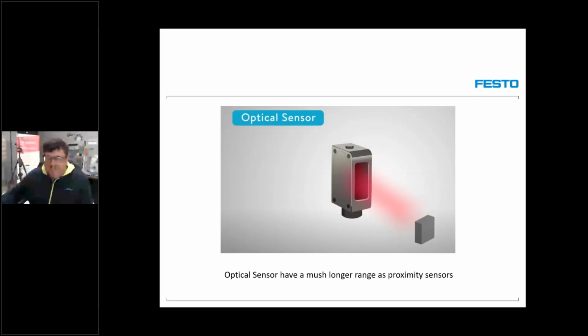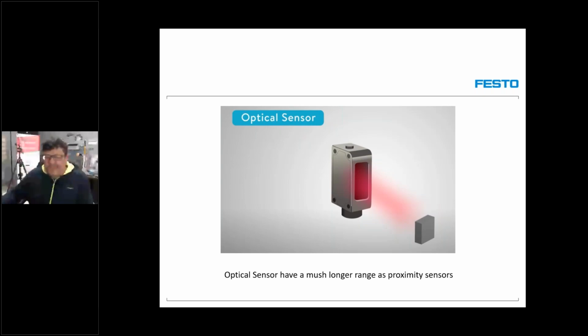Optical sensors have a much longer range than proximity sensors. They utilize optical sensors to sense when there is a bottle or any other component that they want to sense is in position, or to count. The distance between the object and the optical sensor can be longer than what a proximity sensor allows.